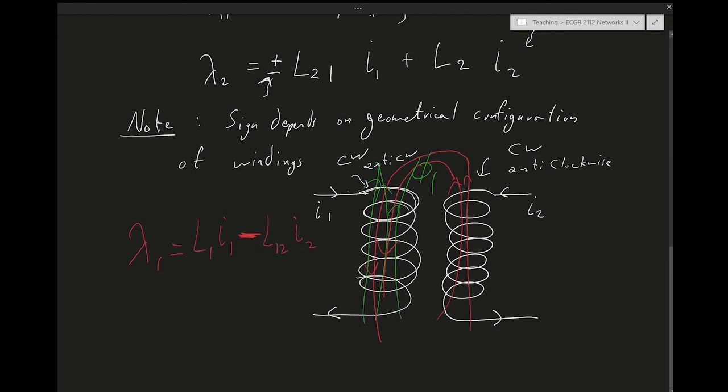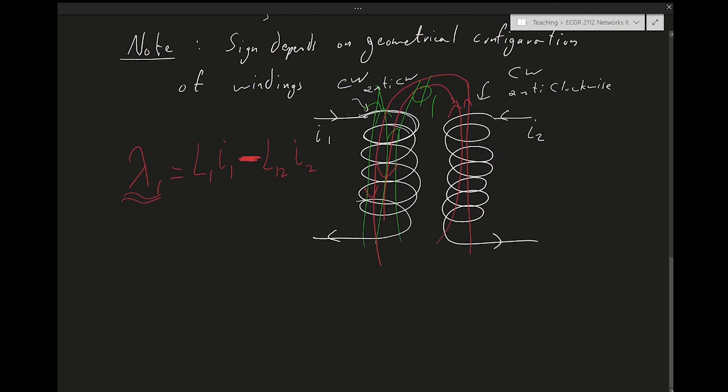So we have a subtraction effect. The fluxes cancel out. The effect of flux coming from coil 2 is to cancel out the flux emanating from coil 1. So to measure the total effect, we need to put a minus sign.